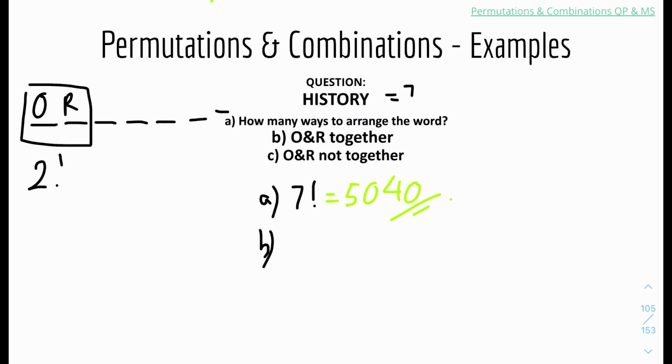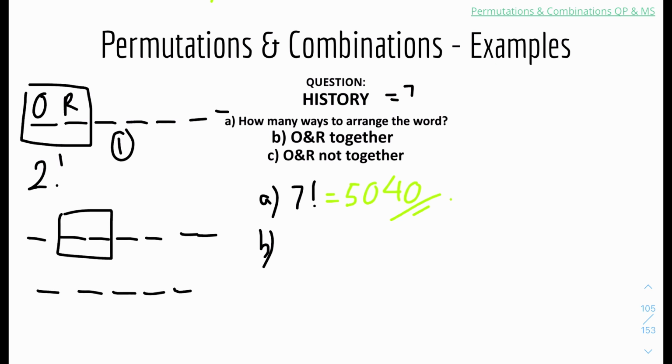So what I mean is that OR could be in this position right here, or it could be in this position right here. So you don't know which position it is in. So you have to permute, or rearrange it with other letters.